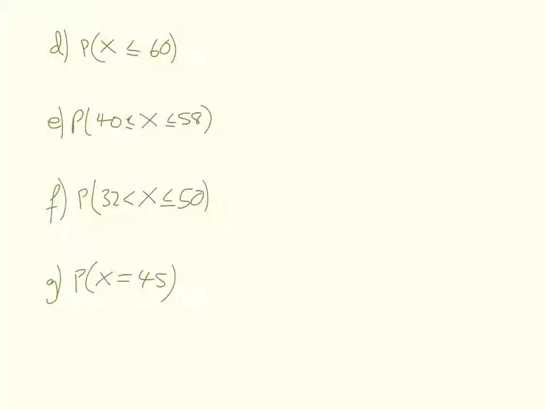So X is less than or equal to 60, so we want the numbers around 60 to help us work this out. So 59, 60 and 61. Less than or equal to 60 means we want 59, we do want 60, but we don't want 61. So we can say that X less than or equal to 60 is the same as the probability that Y is less than or equal to 60.5. 60.5, of course, is in between those two numbers there.